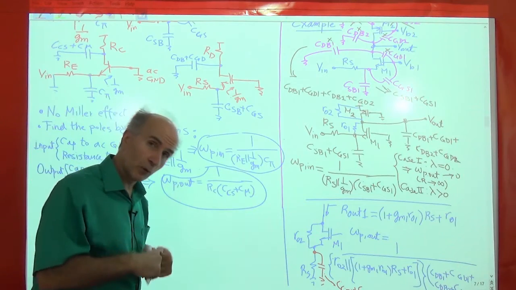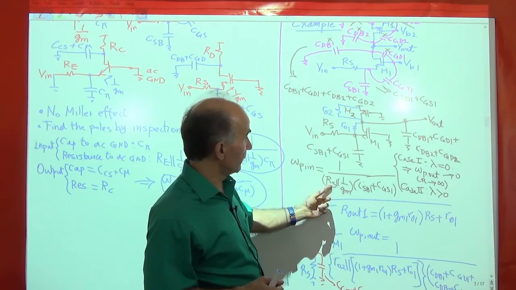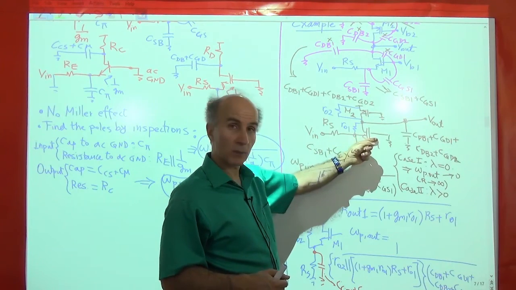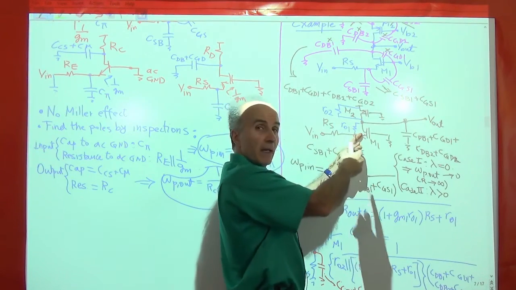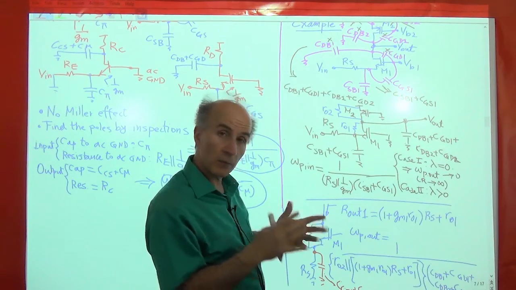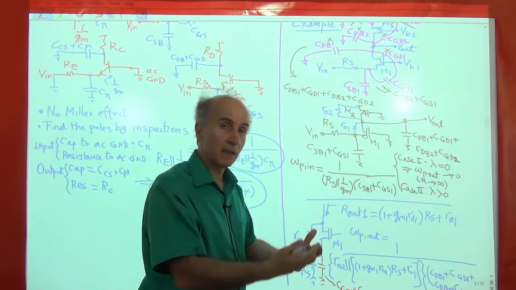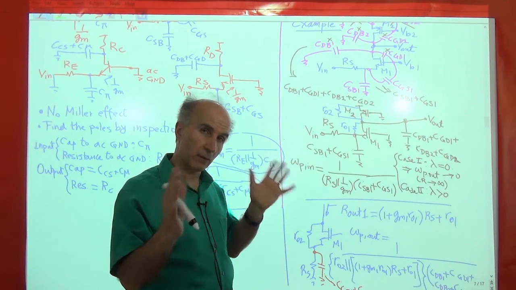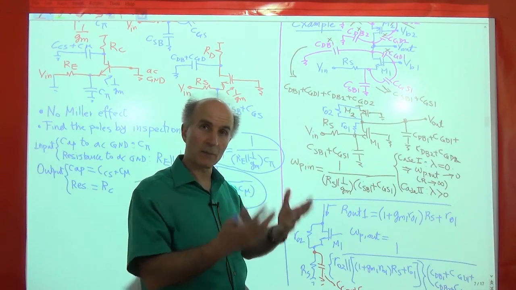So even for the input pole frequency, we have an approximation because when I wrote the input pole frequency, I assumed that at this node I see RS looking this way and 1 over gm looking that way. But that's not true because if I sit here and look this way and RO1 is there, what I see is not just 1 over gm, it's something more complicated. So that's okay, we're making these approximations, but the point is that we can readily find expressions for these pole frequencies and hence understand the frequency limitations of the circuit quickly before we jump into equations and simulations and so on.